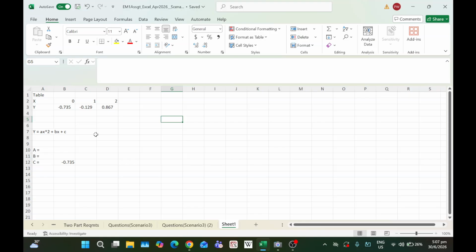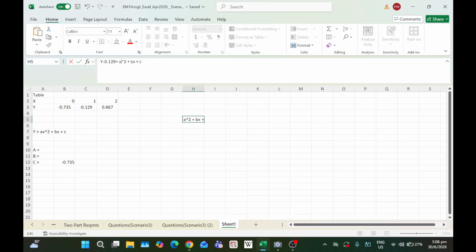For my equation 1, I'll be using x equals 1, y equals negative 0.129. This will be equal to negative 0.129.